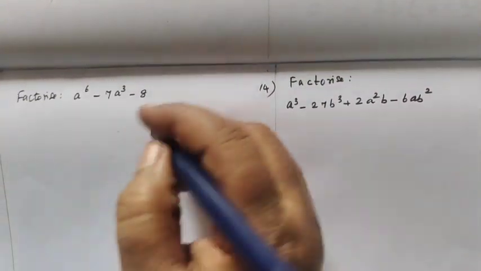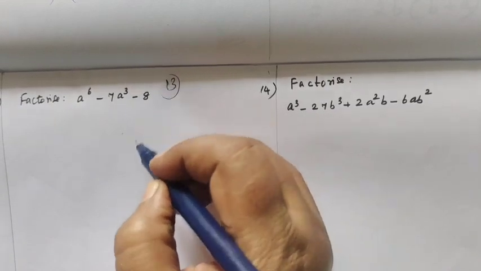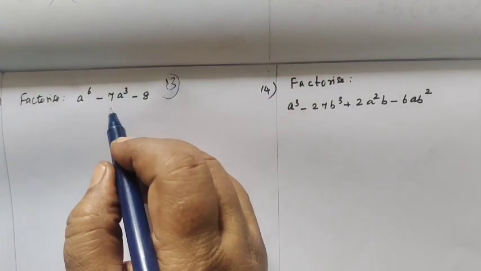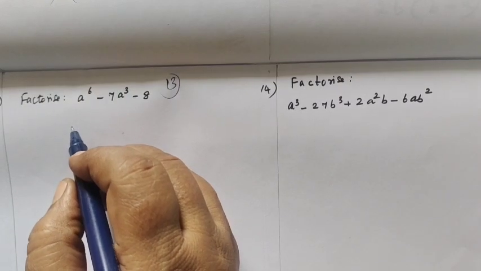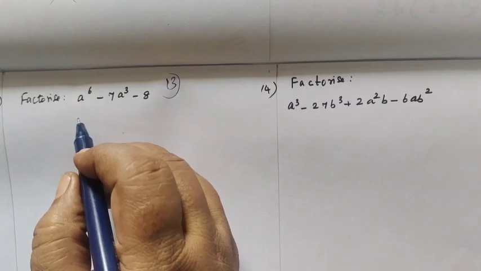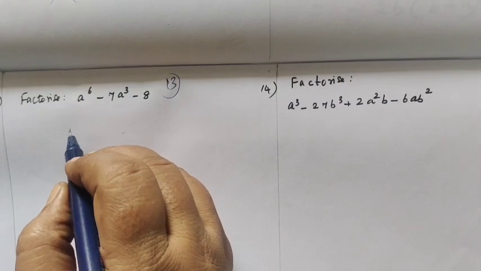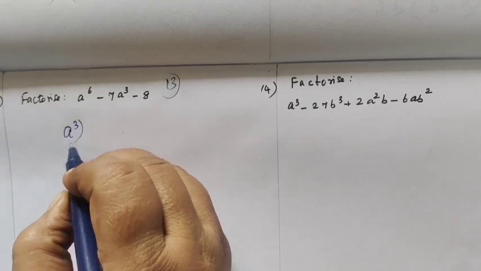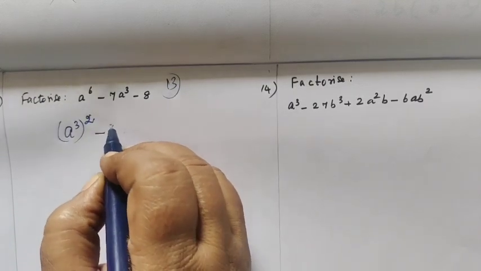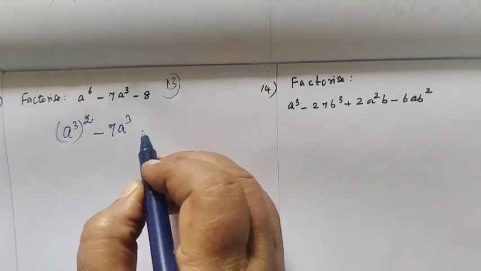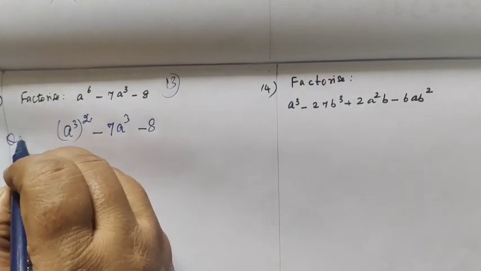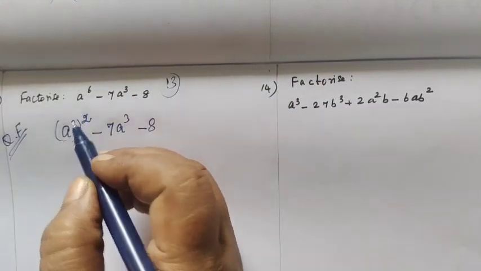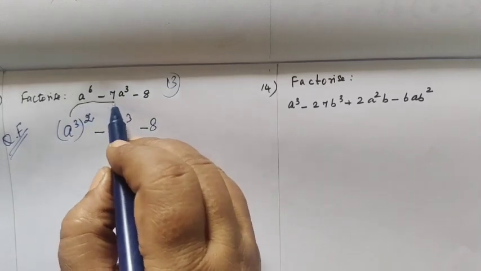Now question number 13: a power 6 minus 7a cube minus 8. You can write this in quadratic form: a cube whole squared minus 7a cube minus 8. So we can factorize like this.